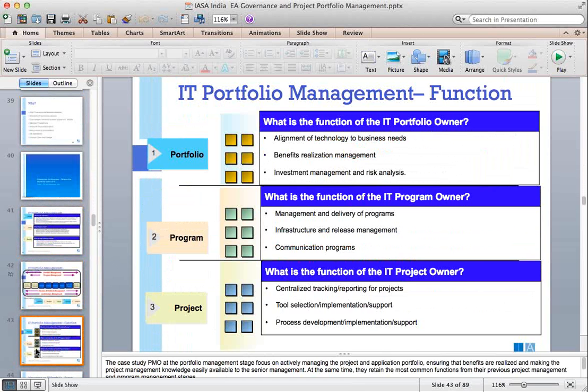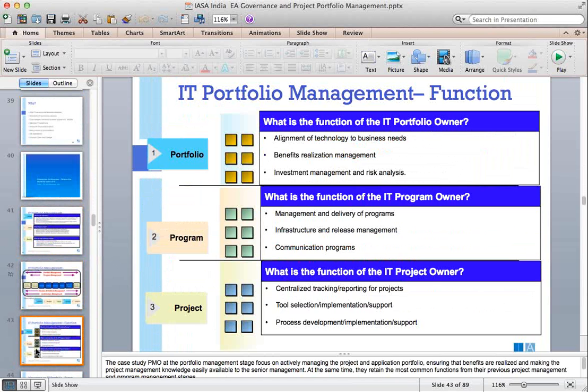Coming to the portfolio, it's more about aligning technology to business needs, as I spoke. This is just a summary of the functions of portfolio, program, and project: benefits realization, investment management, and risks. Whereas a program focuses in depth on delivery of a specific release with communication programs including change management.